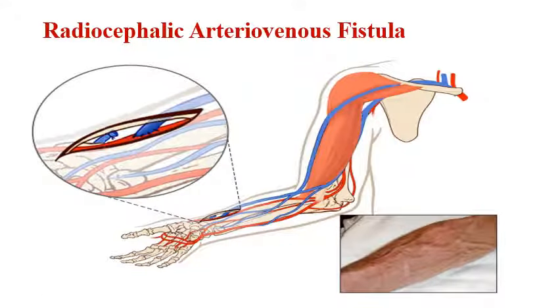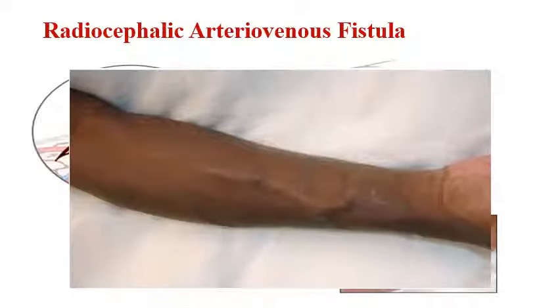For the first one, the radiocephalic, it's a connection between the radial artery and the cephalic vein. You can find the scar at the distal part of the forearm, like this one, as the arrow shows, and the vein like this.